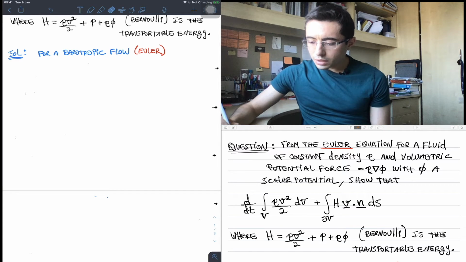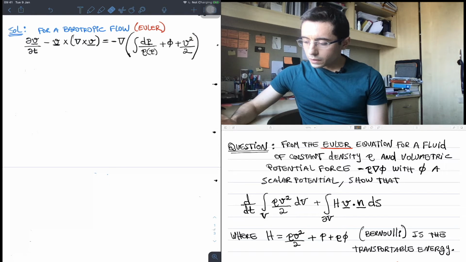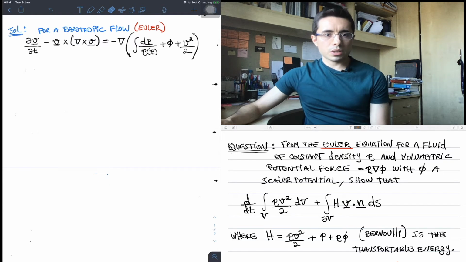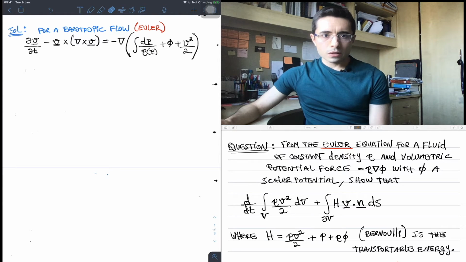So you can start from this equation, which is the Euler's equation for a barotropic flow. So that means, as you can see, the ρ depends on the pressure. So it's a bit general, but then you specialize to what you want. What you want is to use that the density is constant.